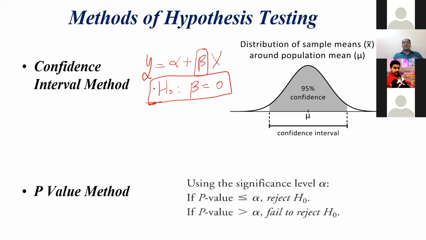One option is that you can find the confidence interval. Confidence interval means the lower limit is equal to beta minus 1.96 into standard error, and the upper limit is equal to beta plus 1.96 into standard error.